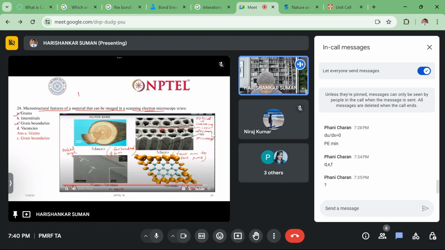Let's say we have a material like that, imaged by a scanning electron microscope.